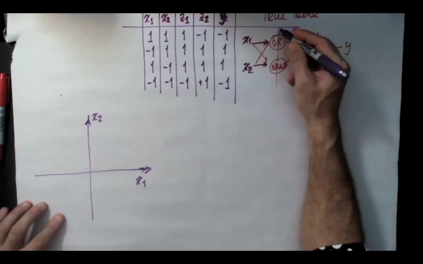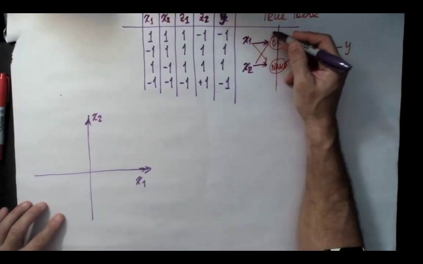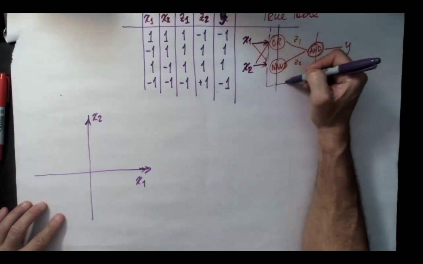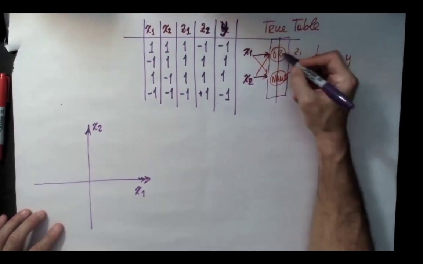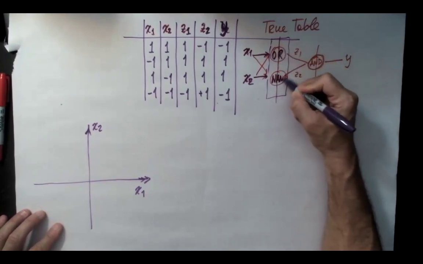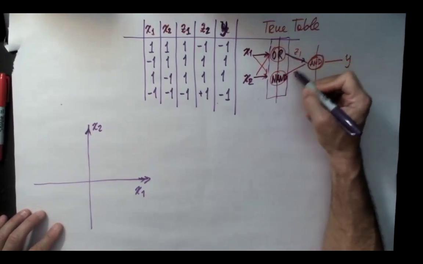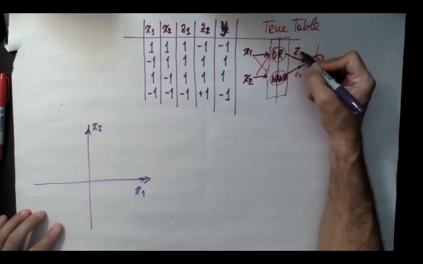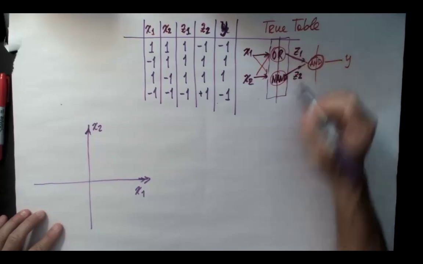And then this input goes through the first layer, and there will be an intermediate output given by two numbers, Z1 and Z2.